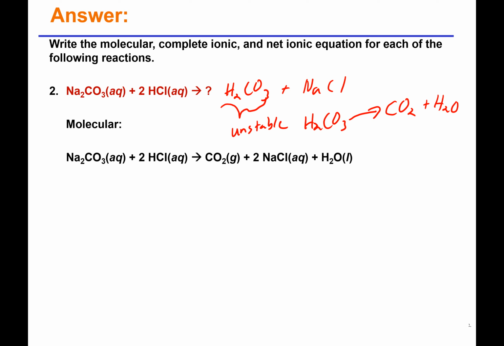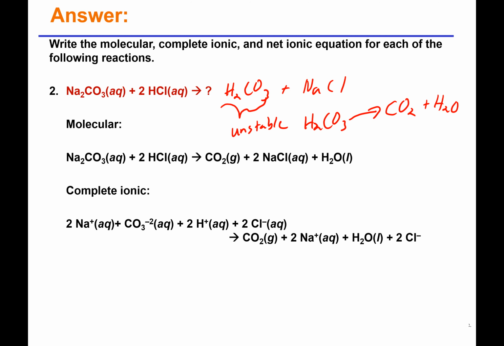Okay, so that one is a little bit of a trick. So if you predicted these products, you're not on the wrong track. You just have to then recognize that this is an unstable product, so it has to be broken down into CO2 and water. So that's why you end up here with CO2 gas, aqueous NaCl, and, of course, liquid water.